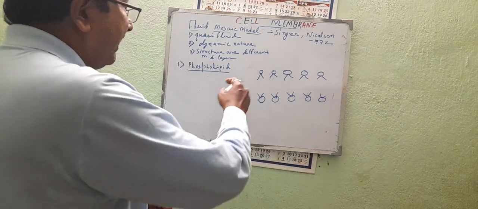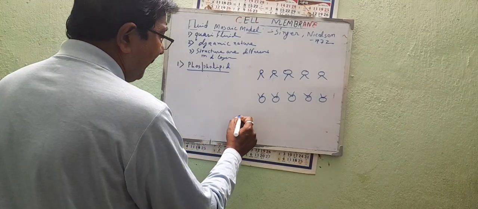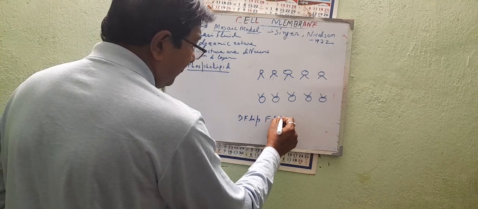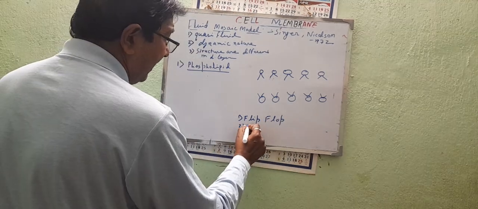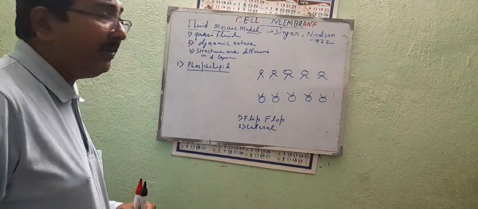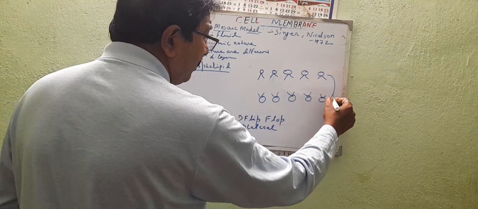And because of this fluidity, the phospholipid has two movements. One is flip-flop movement. Another is lateral movement. Flip-flop movement means when the lipid is transferred from one layer to another layer.